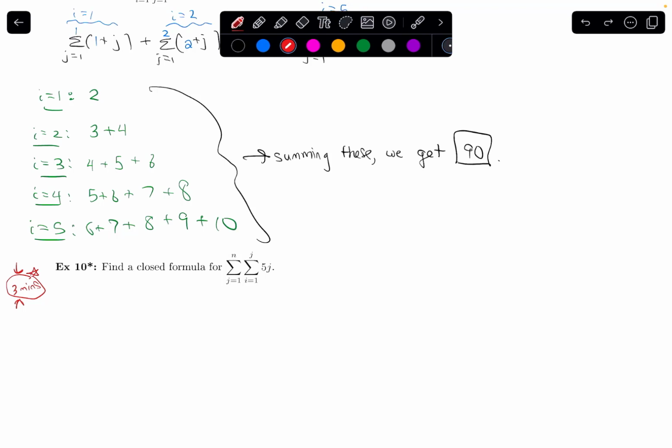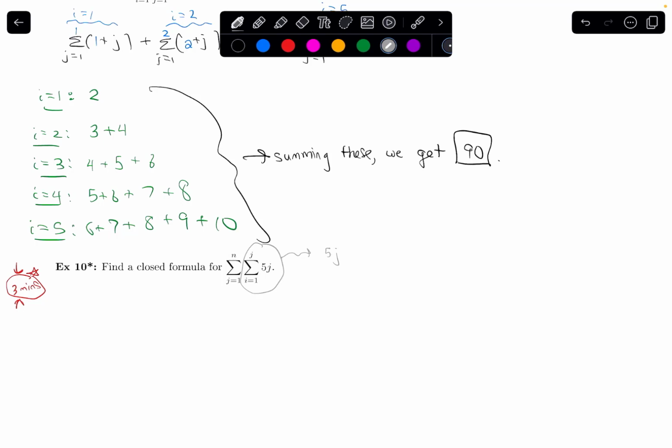So maybe let me look at the sum that I have inside and see if I can get a handle on this. Well, it says start by plugging in 1 for i, but there's no i in this. It's a different variable, j. So when I plug in 1 for i, I just get 5j because there's no i to plug into.